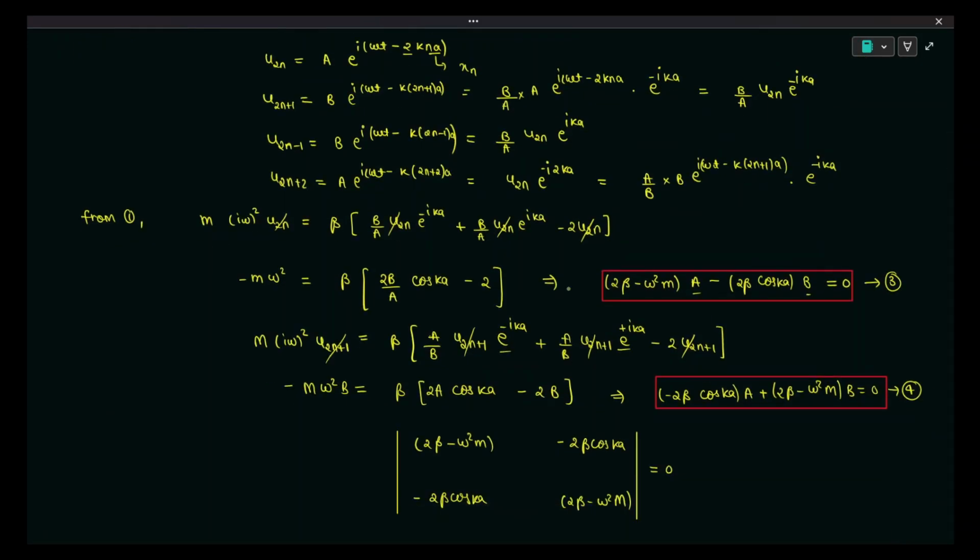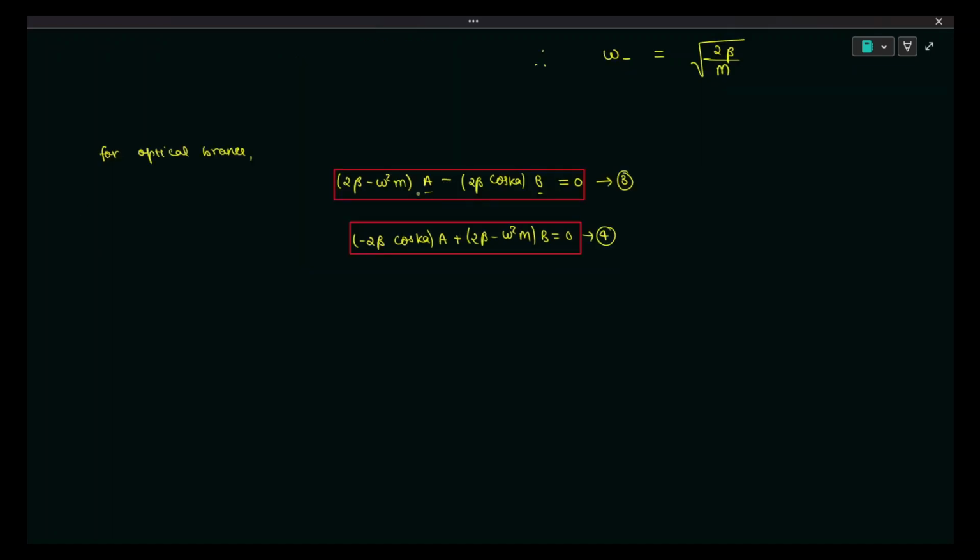We formed a matrix here, so we will be using equation 3 and equation 4. Here we got these two equations which relate the two amplitudes A and B of the two masses small m and capital M.